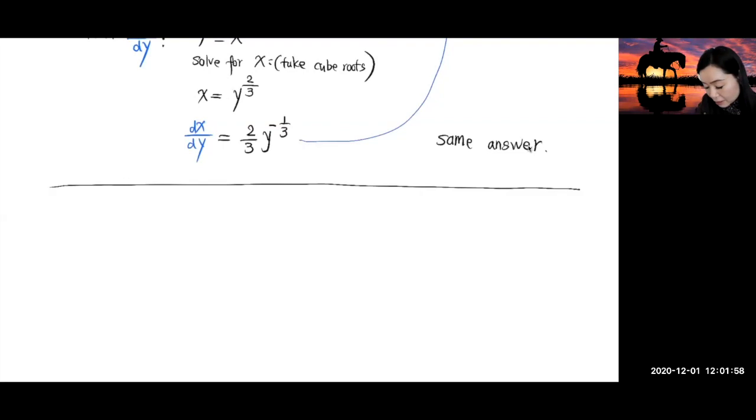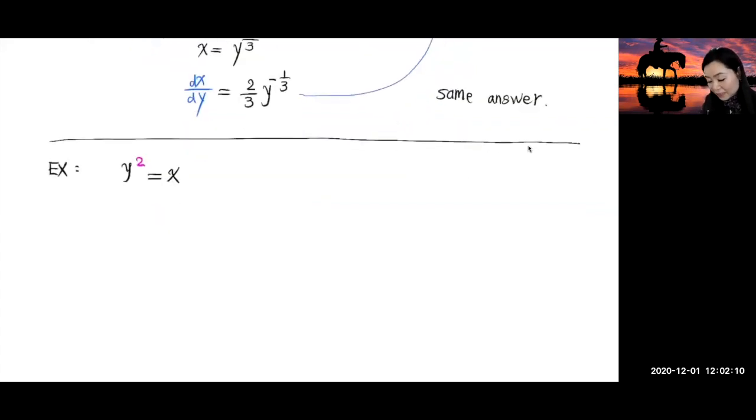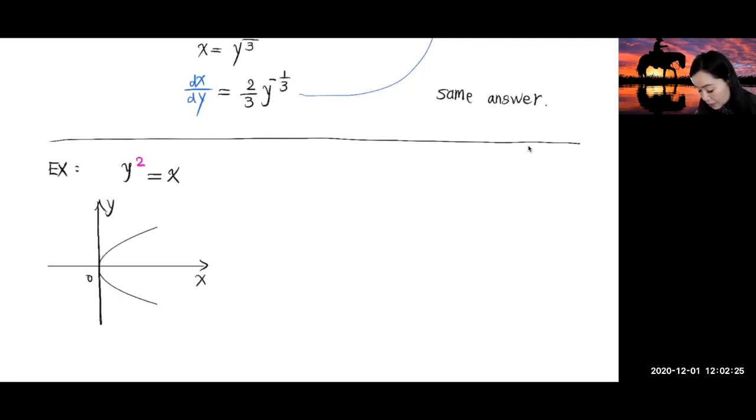So in this example, we have y squared equal to x, which is the same as x equals y squared. We know how to graph this. This is a parabola open to the right. Say this is 1, and this is also 1.